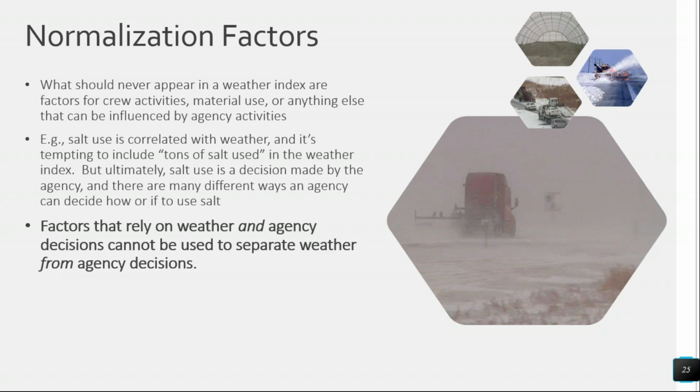And so if you're trying to get to the bottom of whether that choice is effective or not, if you bake that into your index, you will not be able to separate them. So factors that rely on weather and agency decisions can't be used to separate weather from agency decisions. It's important that any of your normalization factors are more or less out of the hands of the people making the decisions during the winter storms.